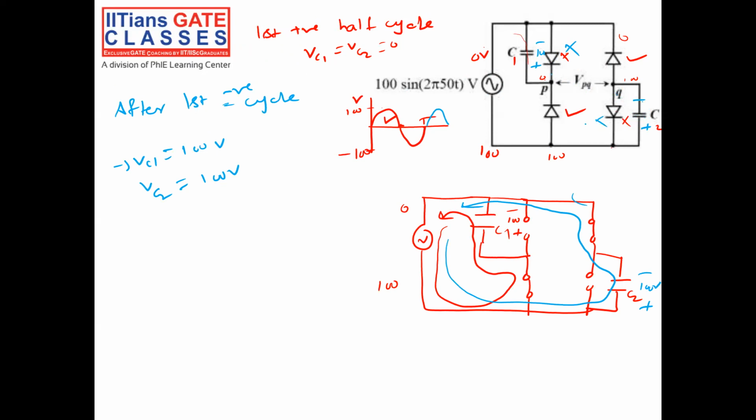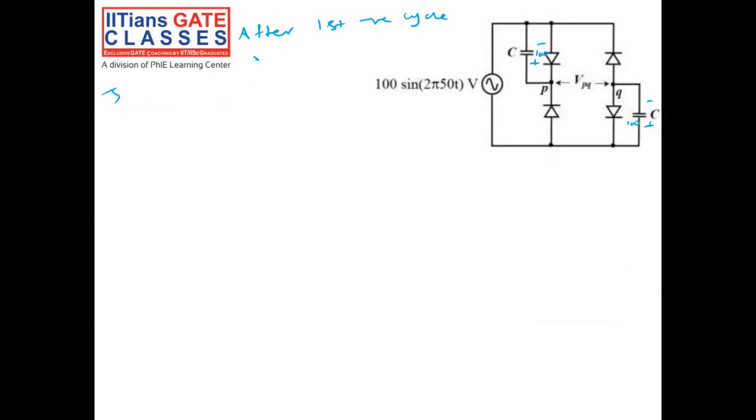So after the first negative half cycle, VC1 is equal to VC2 is equal to 100 volt. The bottom is positive, the top is negative.